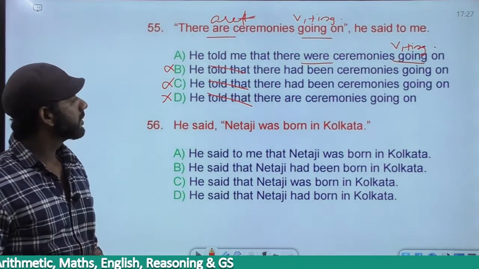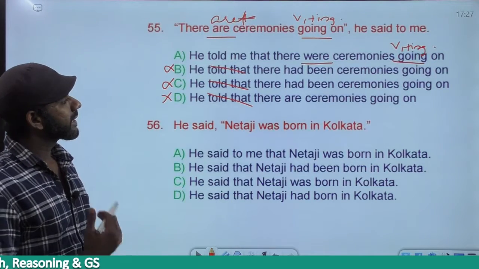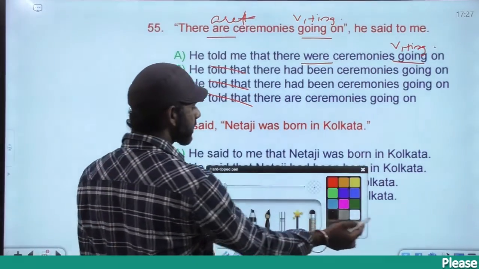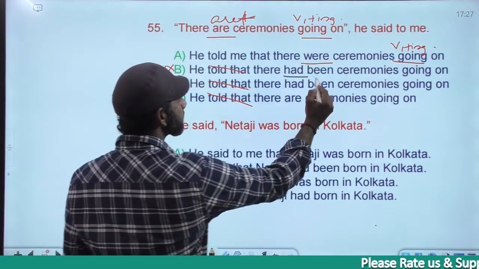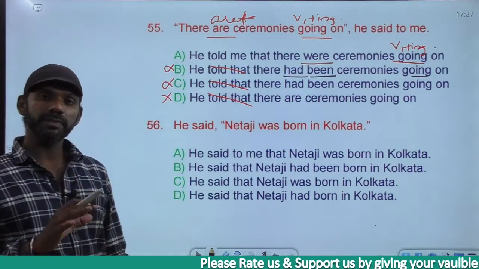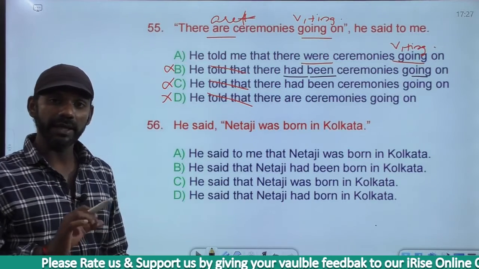Come to option B. We'll discuss the options. He told that, wrong. There had been ceremonies going on. There had been ceremonies going on is had plus been plus V1 plus ing. Had plus been plus V1 plus ing is past perfect continuous. What we need is past continuous.